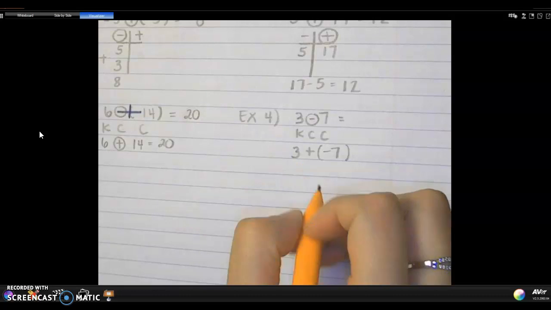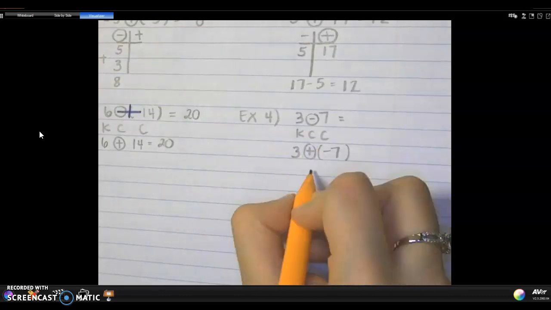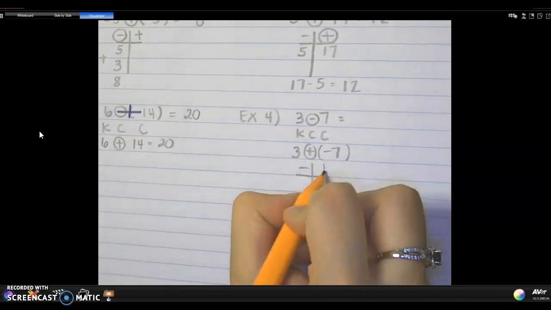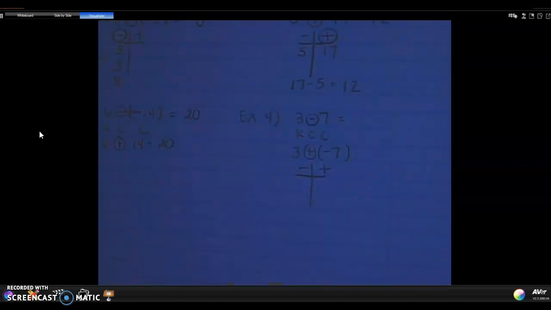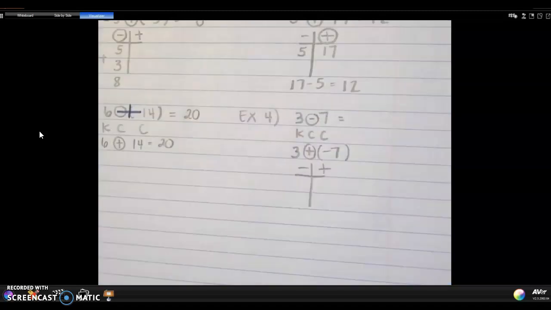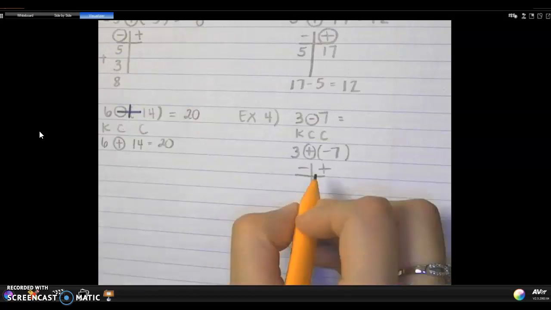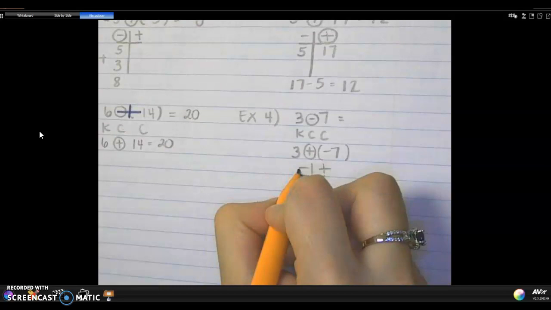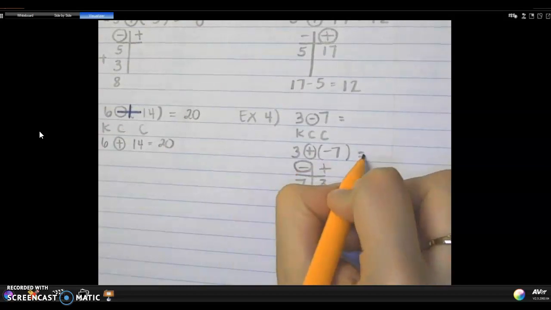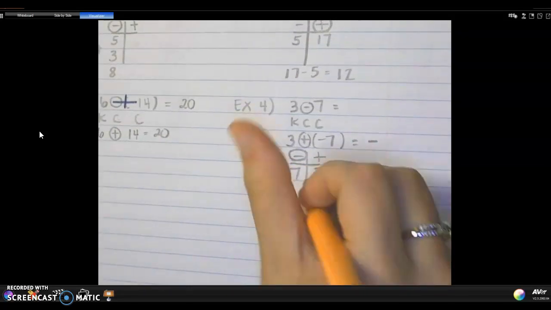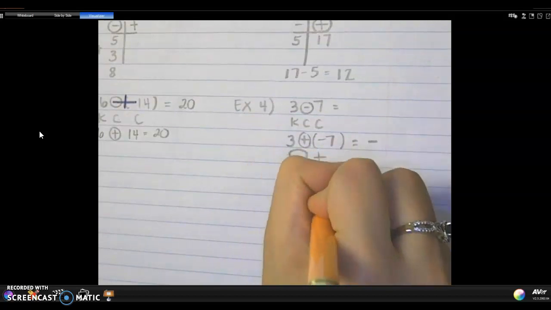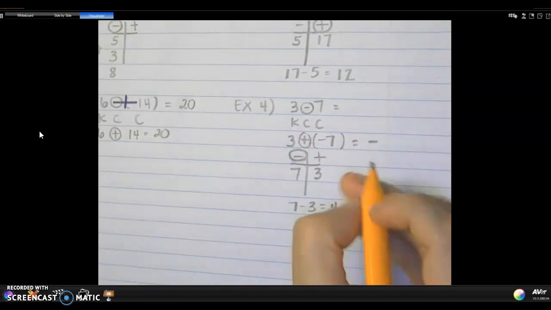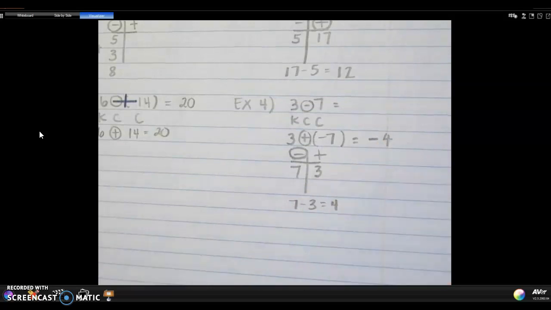And now I follow my addition rule, so I'm going to make my teams. 3 is positive, so it's going to go in the positive team. And then 7 is negative, so it's going to go in the negative team. And my negative team wins, so my answer will be a negative. And they win by 4 points, because if we subtract our digits, we get 4. So my answer is negative 4.